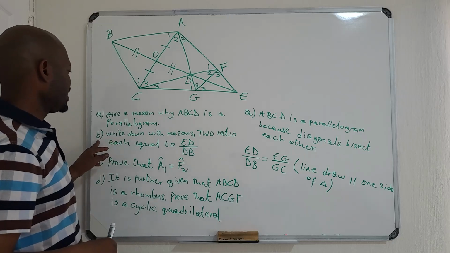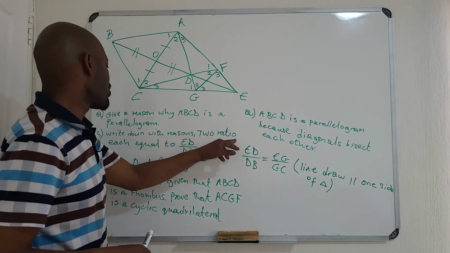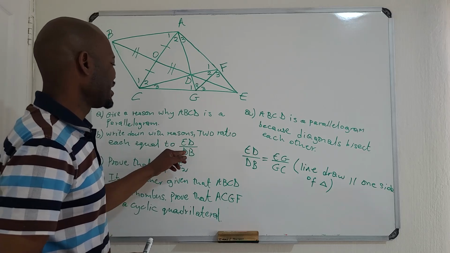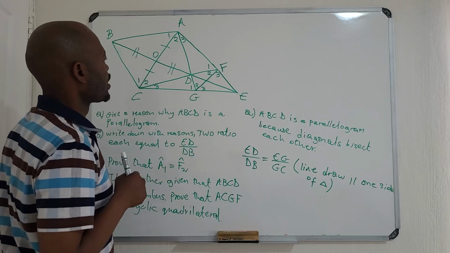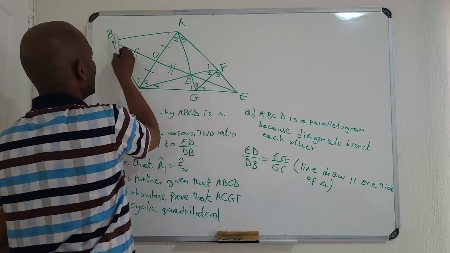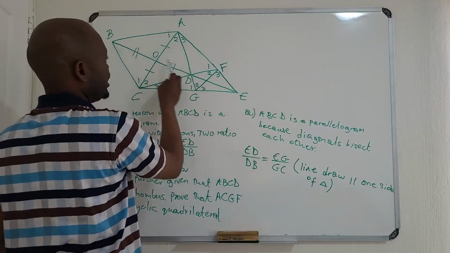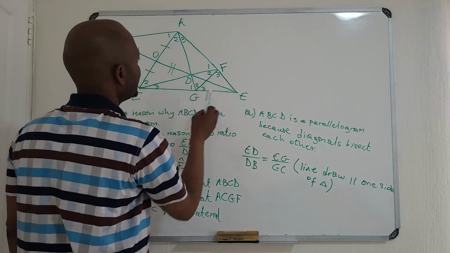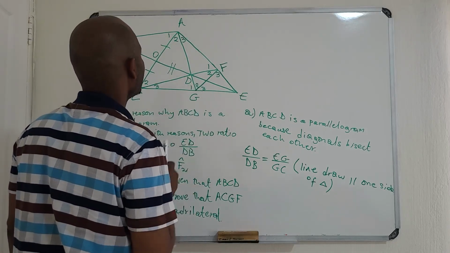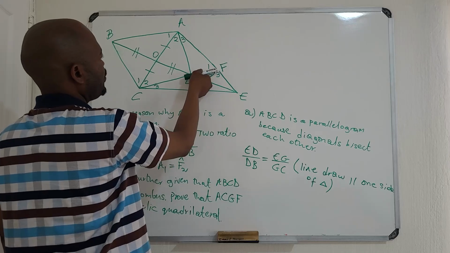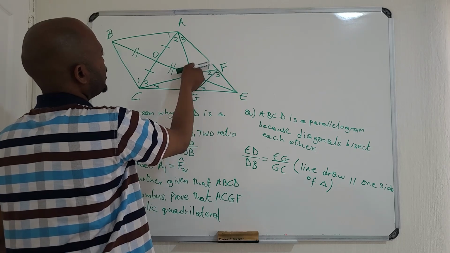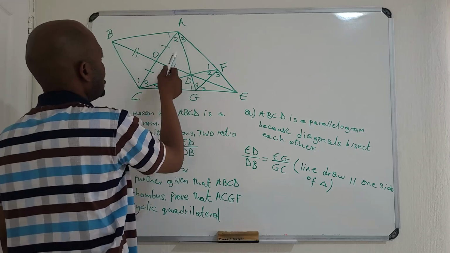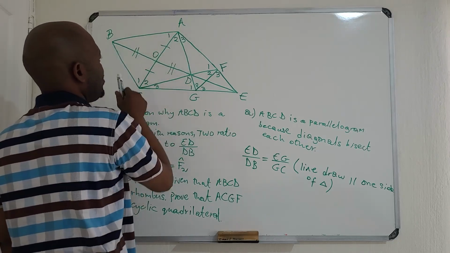They said write down with reasons two ratios, each equal to ED over DB. Now, in triangle ABE, we know that this is a parallelogram, opposite sides are parallel.